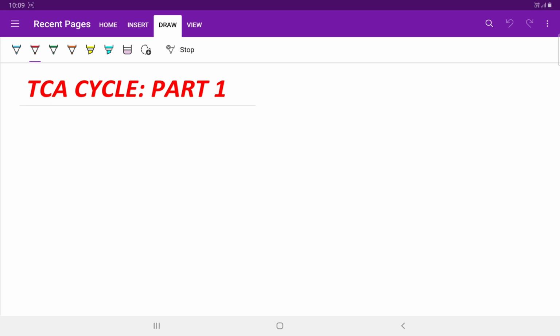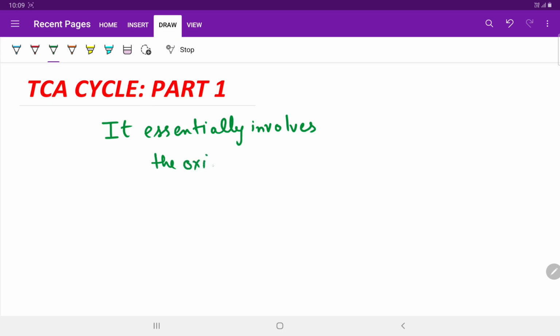So first of all, let us start with the definition. The citric acid cycle or TCA cycle essentially involves the oxidation of acetyl coenzyme A to carbon dioxide and water.